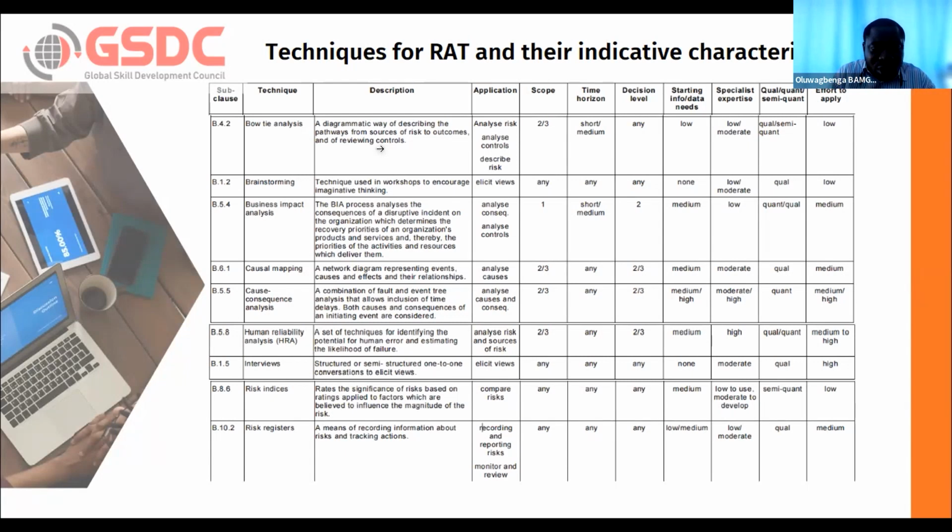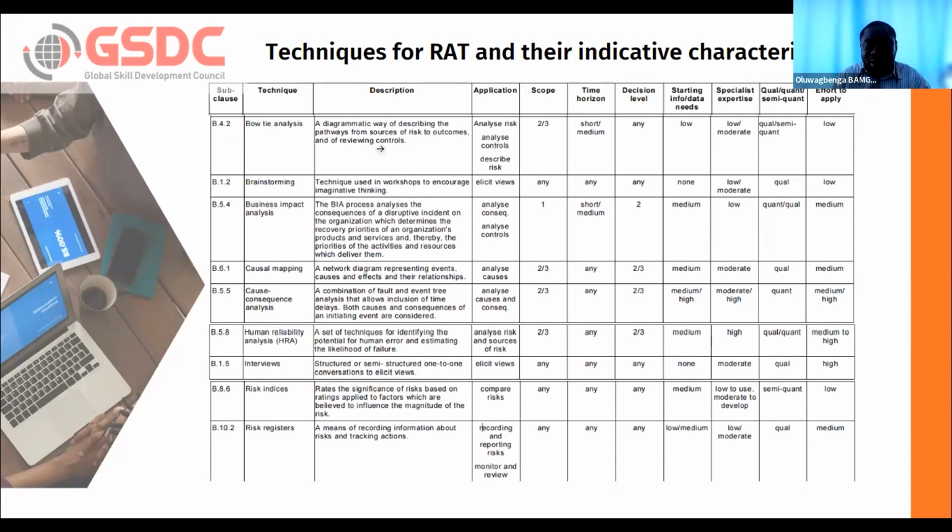I will want to touch on the risk register also. It is something we commonly use. It's actually subclause B10.2, a means of recording. We just use it for recording information. A lot of people have risk registers and they call them risk assessment documents. Most times when I get into an enterprise, I try to correct them that you have a risk register, not a risk assessment.